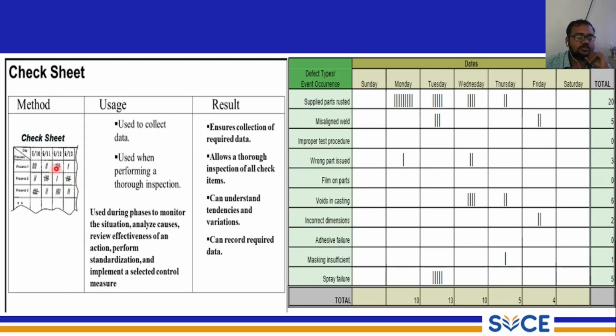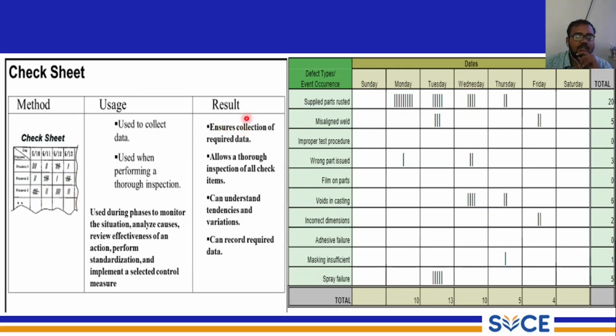So the counting is quite easy here. 5, 5, 5, 5 means 20. Adding the rest, the total count is 36.